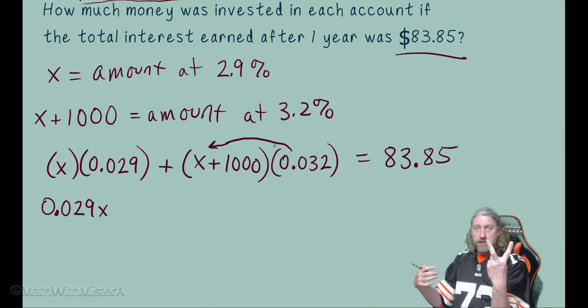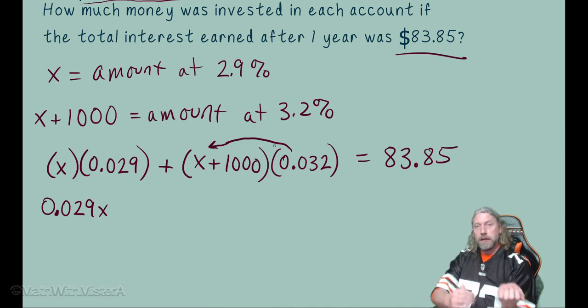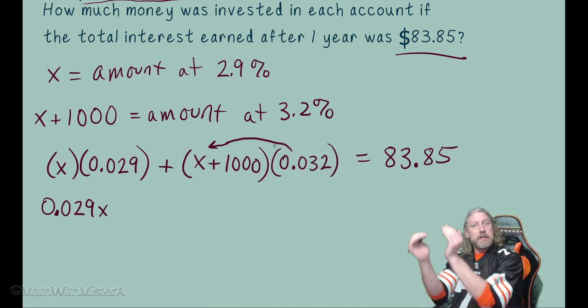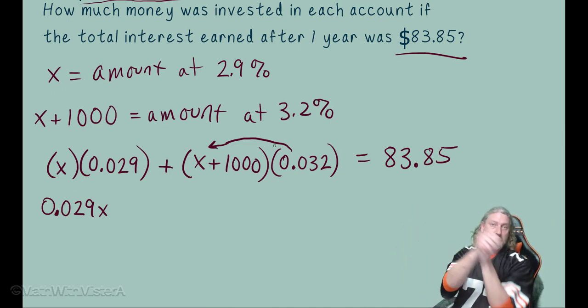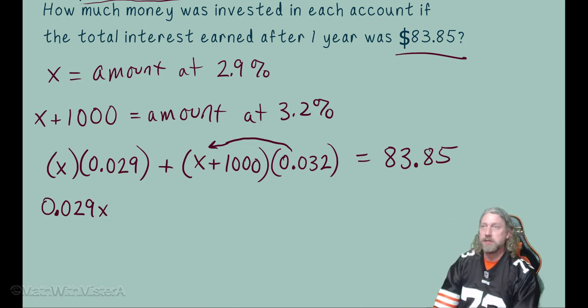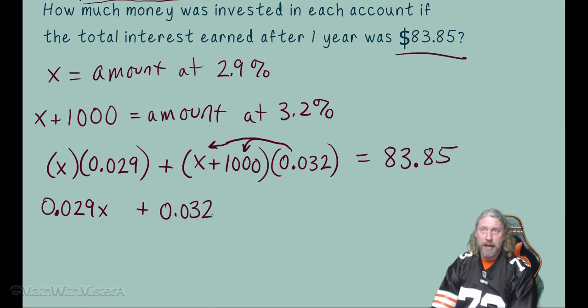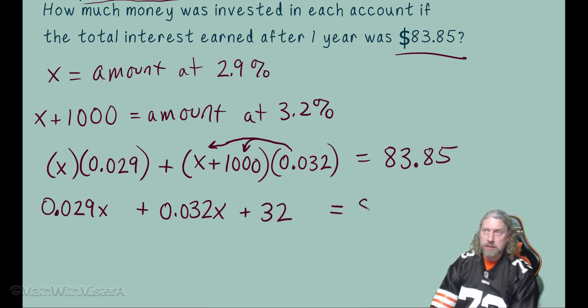We're saying these two things, in parentheses, get multiplied by this number, so that number needs to be distributed to each of those terms, 0.032 times X and 0.032 times 1,000. So that gives us plus 0.032X, and then 0.032 times 1,000 is a positive 32. On the right side, that equals 83.85.